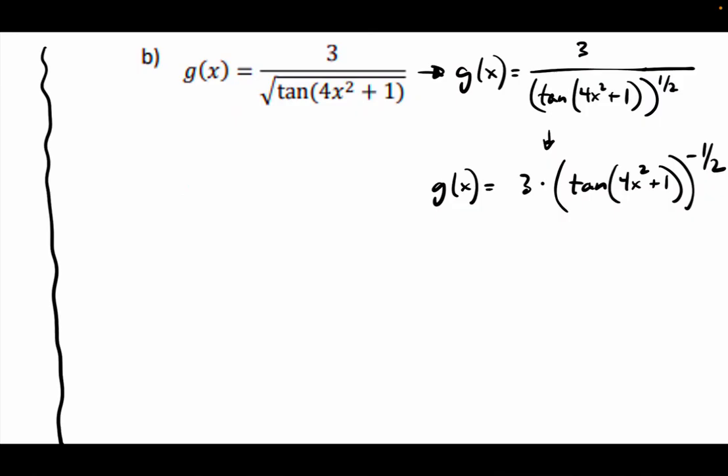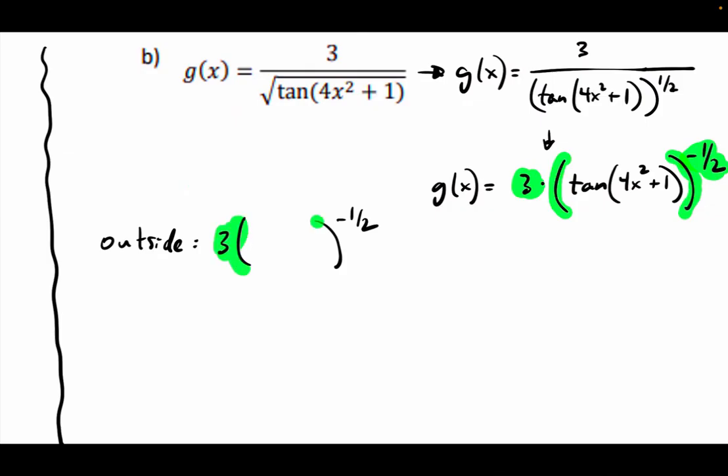Okay, so let's do layers now. The outside layer is 3 times something to the negative 1/2. That's the outside layer. Okay.